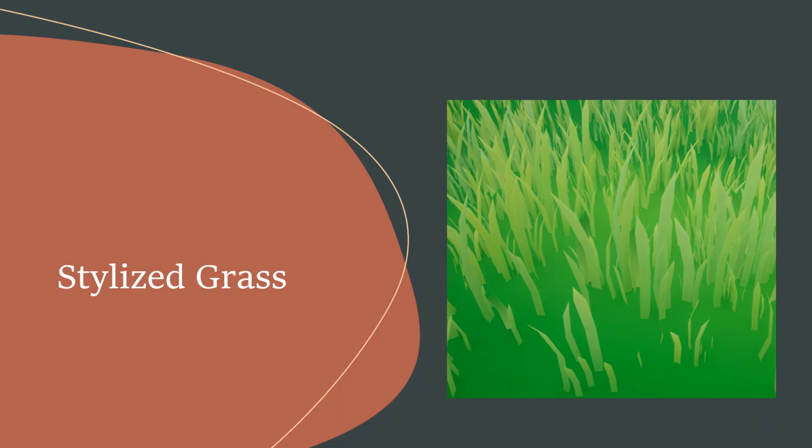Next up, here we see some stylized grass that I created from scratch. You'll be seeing a theme. I really like the stylized aesthetic. That's something that I strive for in each one of my projects. So I created this from scratch. I started by modeling a blade of grass in Maya and then using that one blade to make a clump.